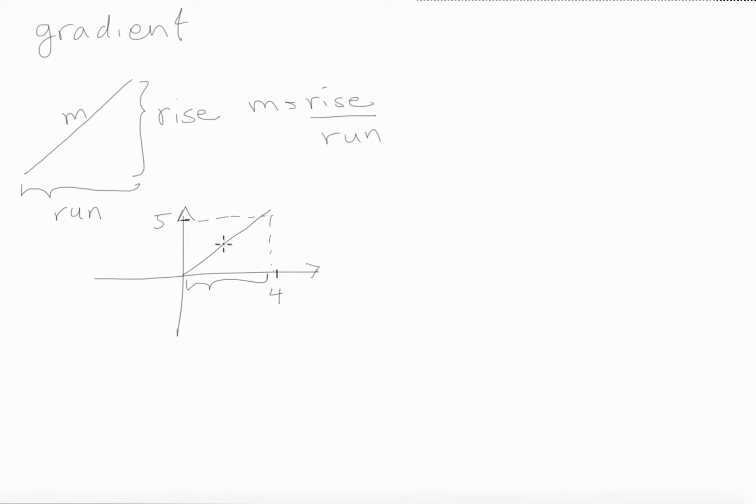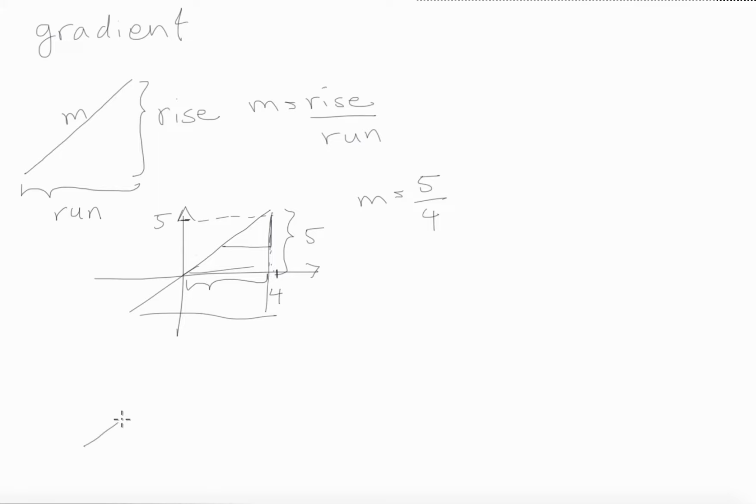It doesn't matter where you measure it from. You can go here, or measure it from here, or from there. It'll always be the same thing, because you're dividing. So the run of this is 4 and it has a rise of 5. Its gradient is rise over run, which is 5 over 4. Okay?